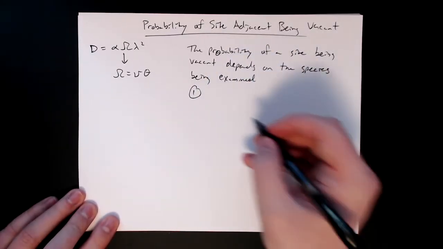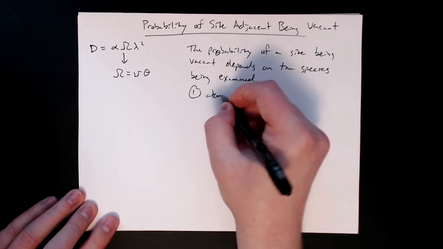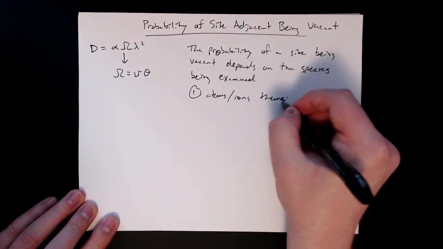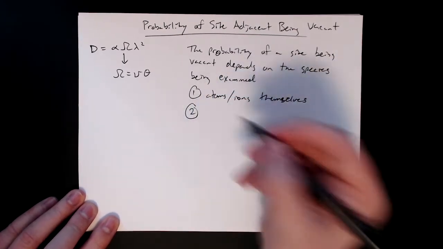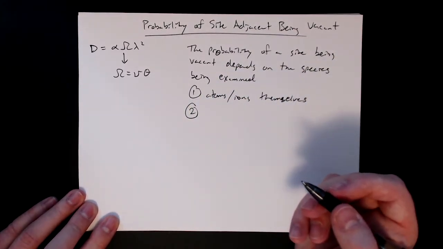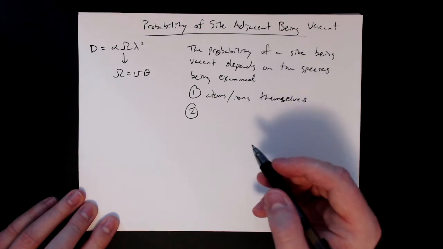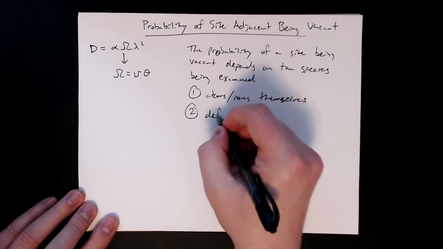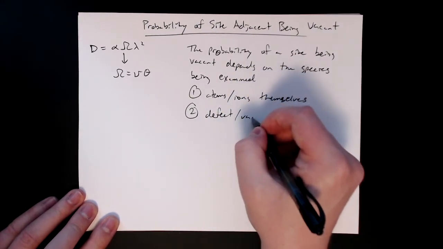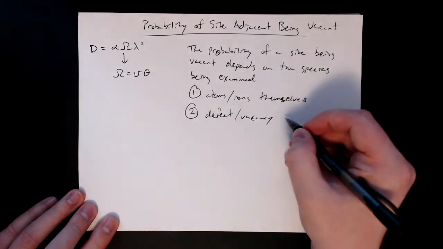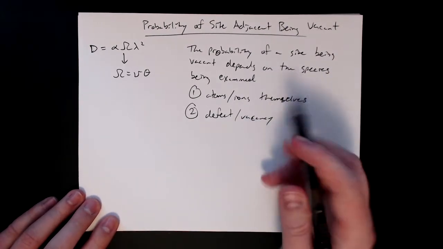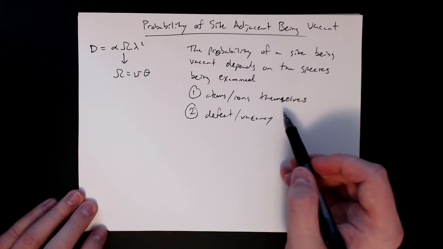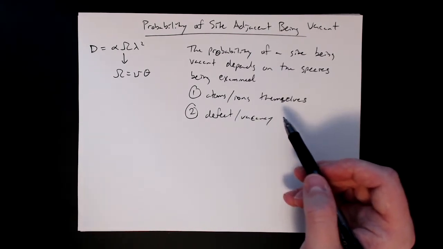One way we can look at diffusion is of atoms or ions themselves. And we can also look at diffusion in terms of the defect or vacancy, right? So we can look at the defect or vacancy diffusing, so we're basically looking at an empty site moving. So we're basically looking at the opposite of atoms and ions. And those are the two ways that we can look at it.